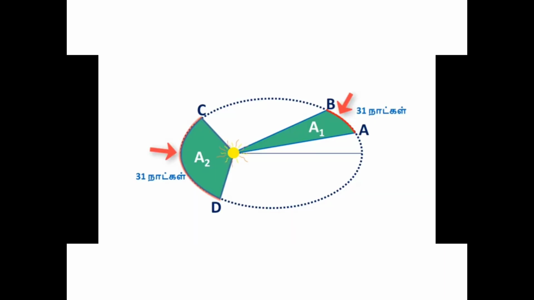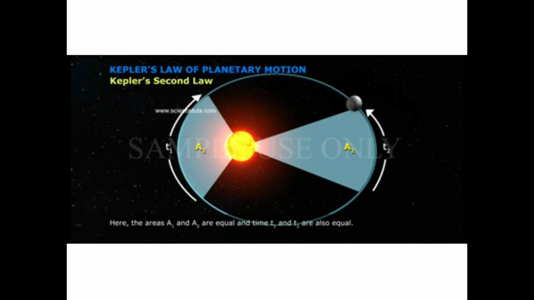Kepler's second law states that the radius vector drawn from the Sun to the planet sweeps out equal areas in equal intervals of time. As the orbit is not circular, the planet's kinetic energy is not constant in its path.